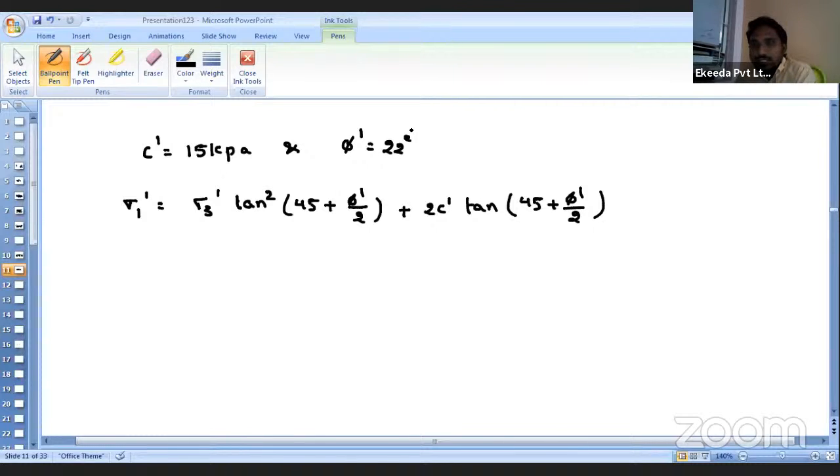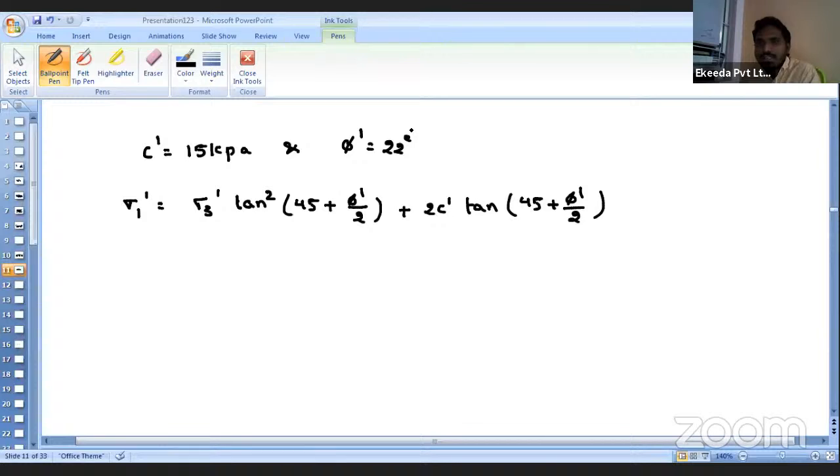The only thing is that as they have mentioned the same identical sample, both will be subjected to the same cell pressure, but in one test we are conducting the drained test, and at another time the undrained test. If we are conducting the drained test, we use the effective stress parameters.